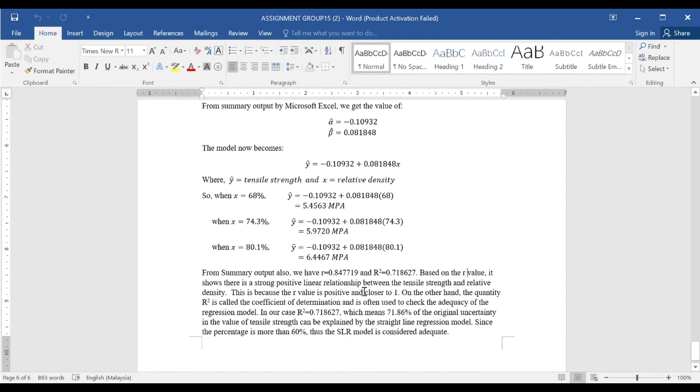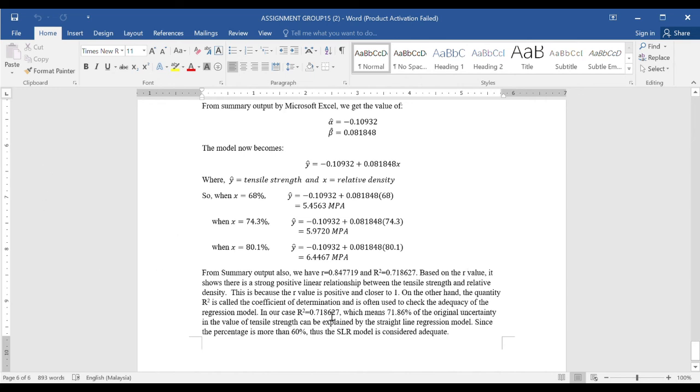On the other hand, to comment on the validity of this model of prediction, we use the value R square. The value R square also called the coefficient of determination and is often used to check the adequacy of the regression model.